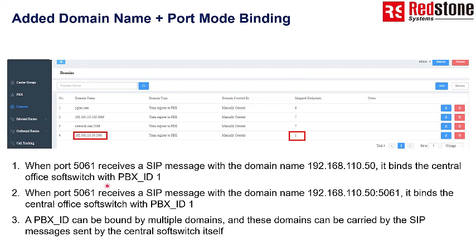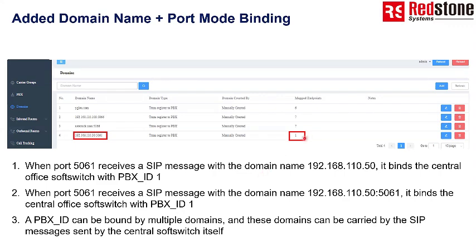To continue, when port 5061 receives a SIP message with the domain name 5061, this port, it binds the central office switch ID with PBX ID 1 as well. So with this IP plus this port number, it will also bind to map endpoint 1.